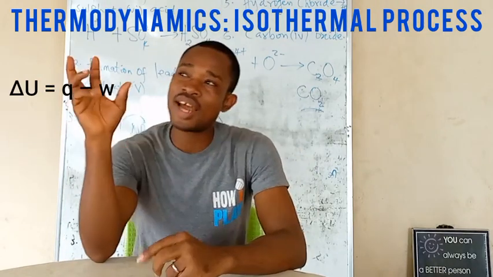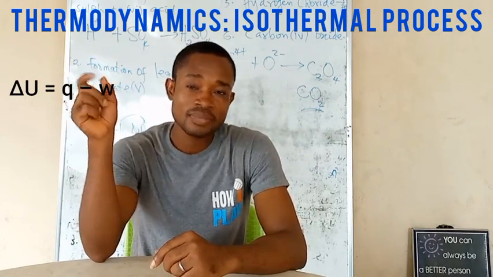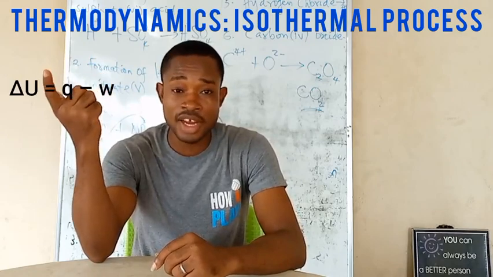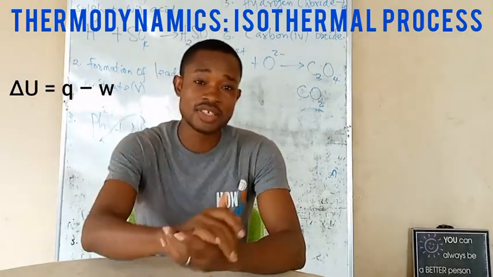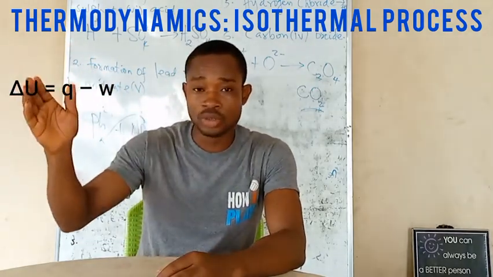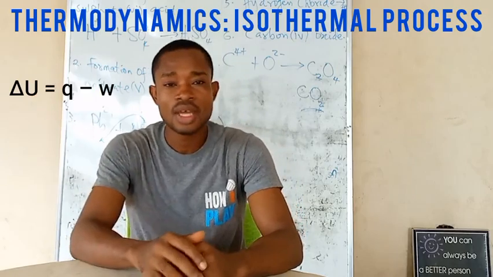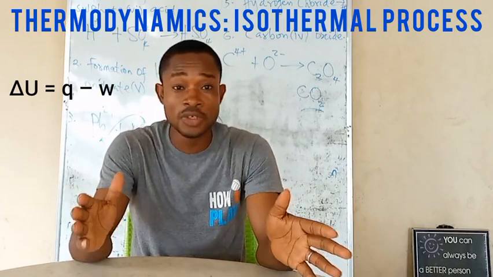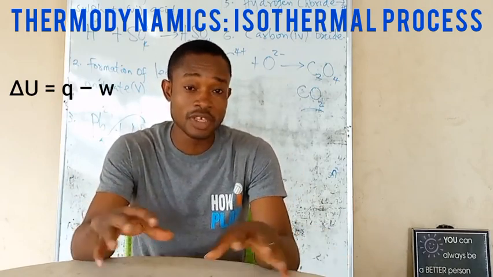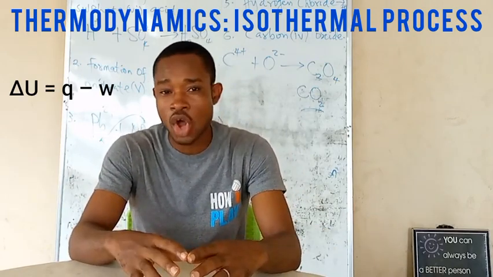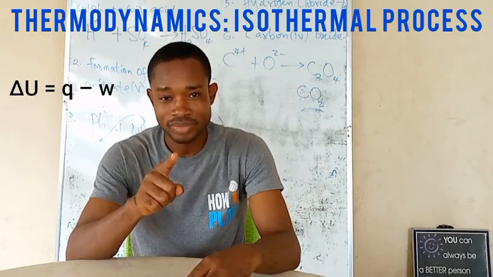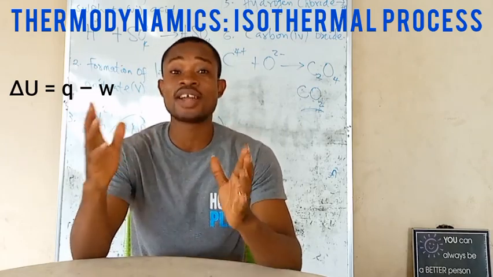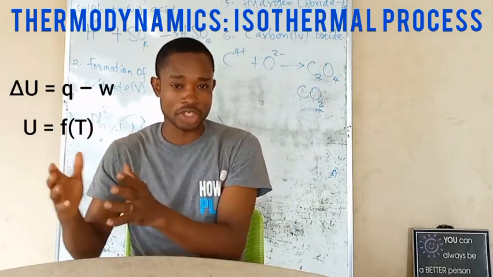Now, looking at these quantities, U, that is internal energy, Q, which is heat, and W, which is work, I would like to state that the internal energy, U, being a function of the system, is dependent on temperature. That is to say that internal energy is a function of temperature.